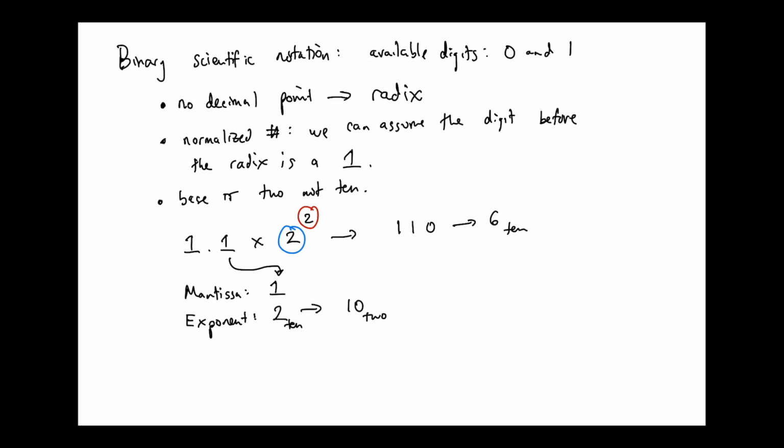Then the last thing that I would need to specify, I don't need to specify the base, because we're assuming that's a 2. What's the one other thing that I need to specify here? The sign, that this number is positive.